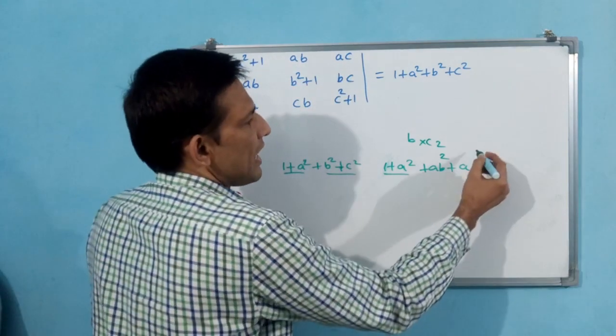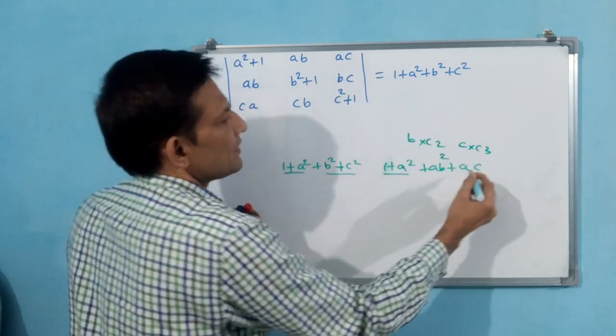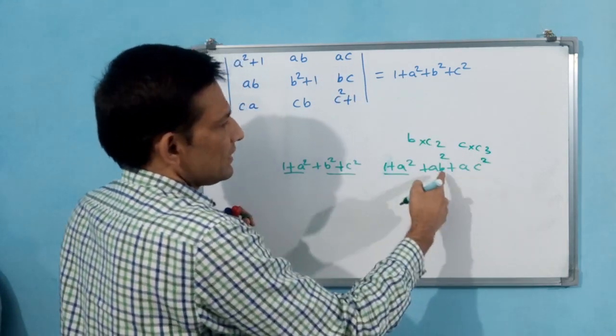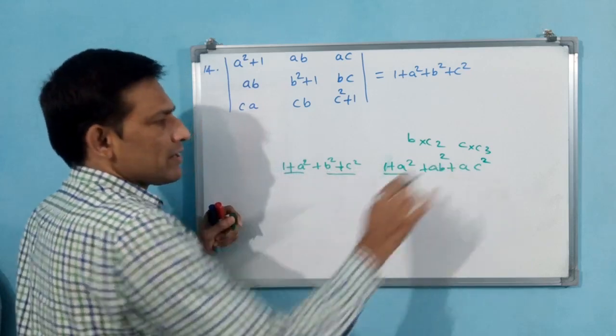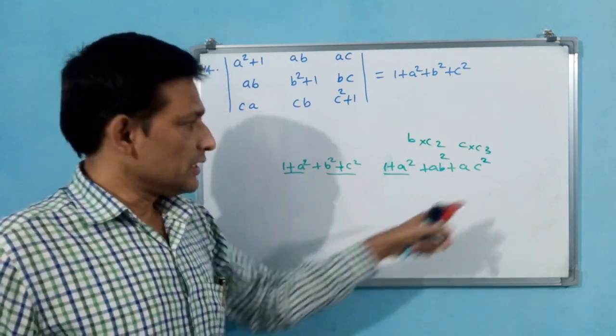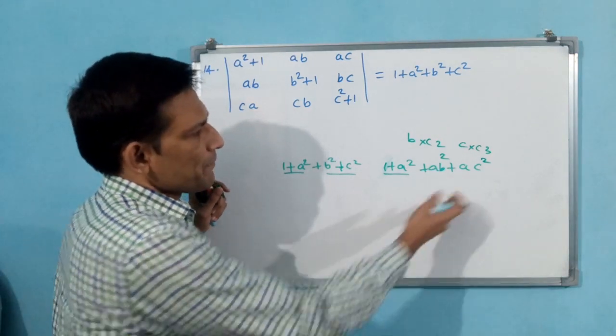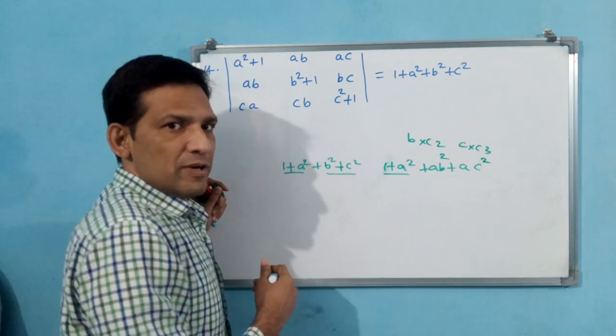Now come here. I will multiply C3 with C. AC square. That means B square and C square you require. But an extra A is there. Then the extra A you have to remove. How to remove? Take common and remove.